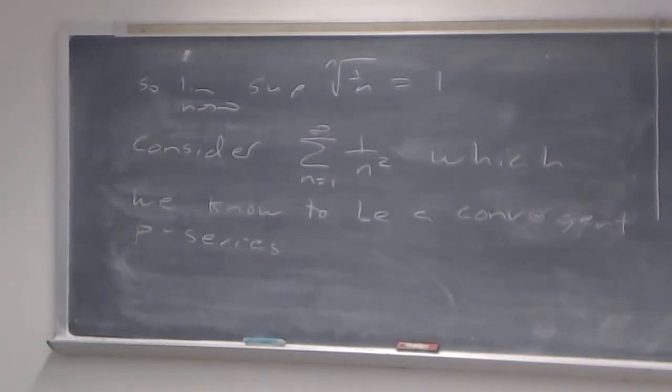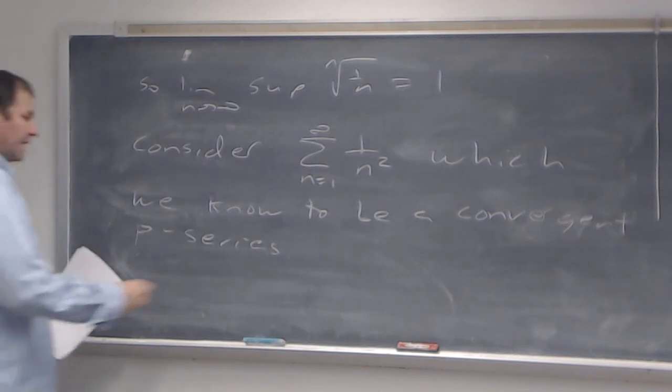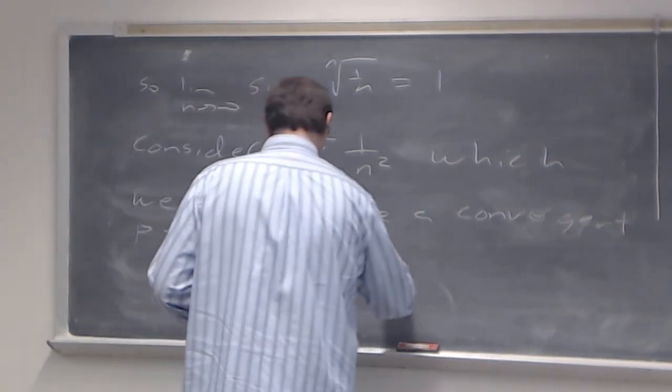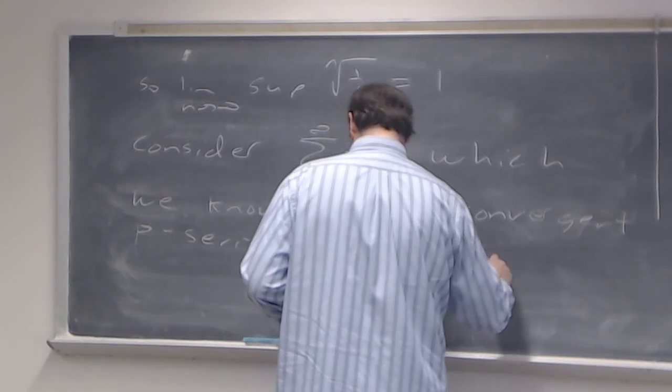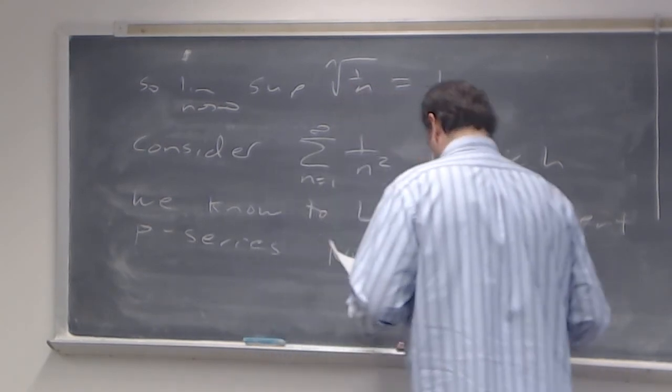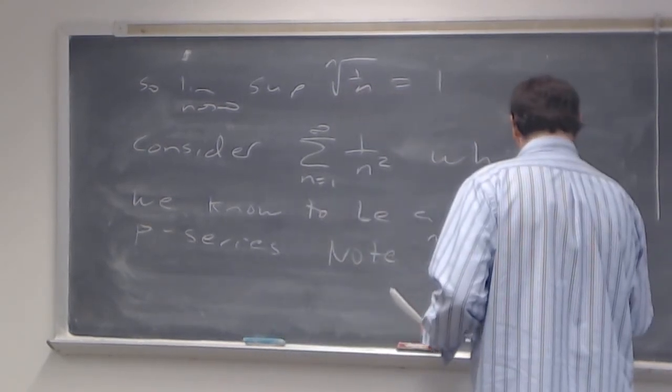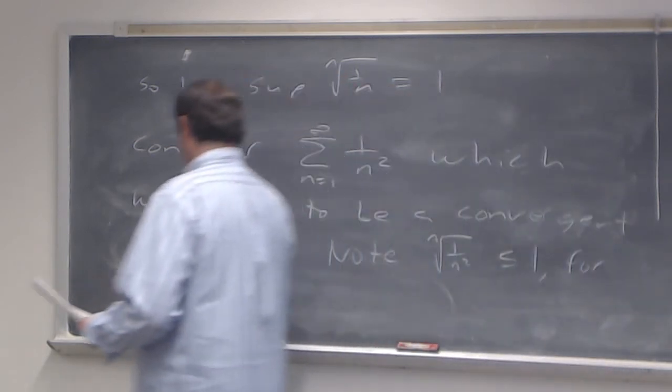Note again that the nth root of 1 over n squared is going to be less than or equal to 1, and that's true for all natural numbers n.